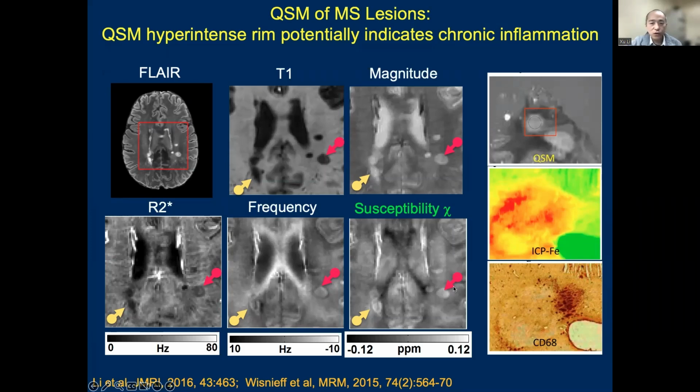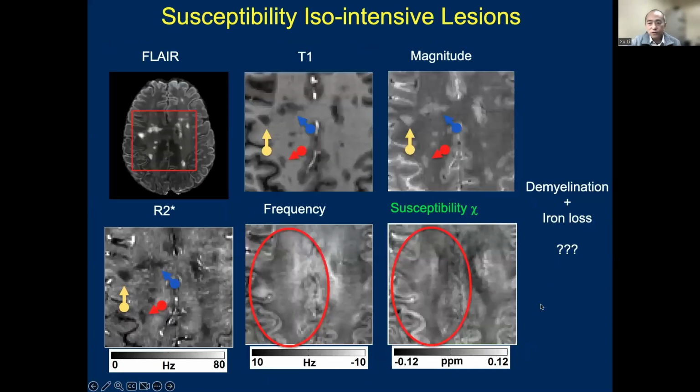But on the other hand, we also see quite a few MS lesions with QSM iso-intense contrast. These lesions show up in the FLAIR image and the T1 image, and are hypointense in the R2 star maps, but appear iso-intense in QSM. A reasonable hypothesis is that in these lesions, we see both demyelination and iron loss.